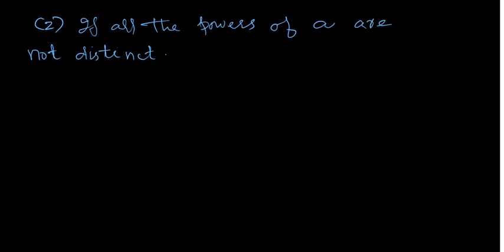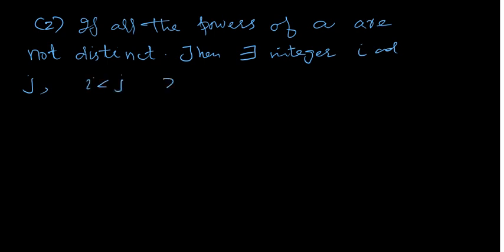So then there exist positive integers i and j, with obviously i less than j, such that a power i is equal to a power j, which is equal to a power i plus r, where this r is greater than or equal to 1, because j is greater than i.